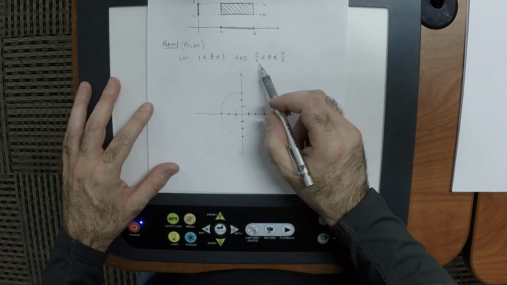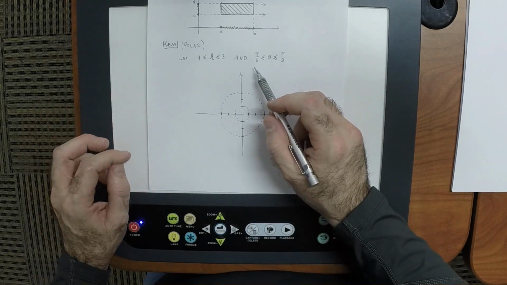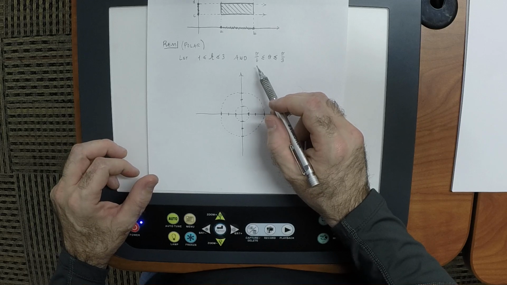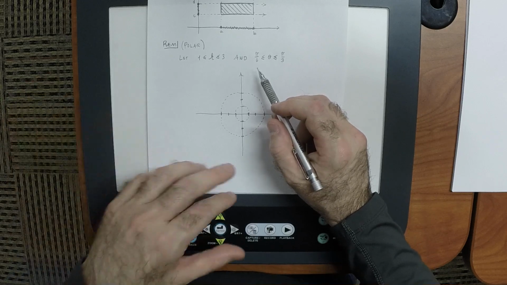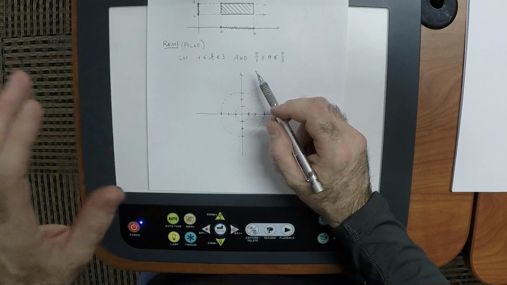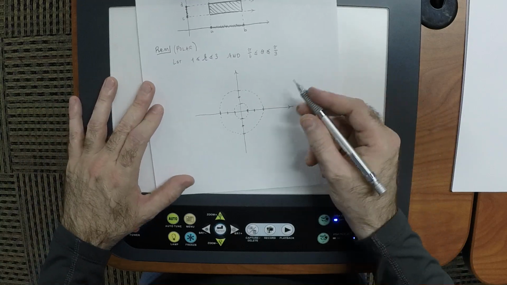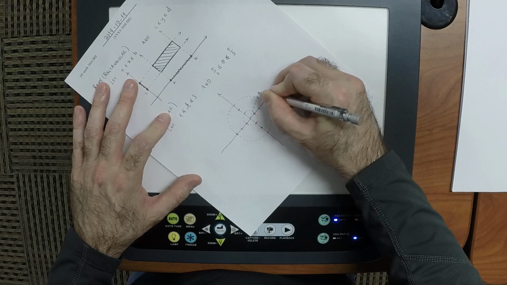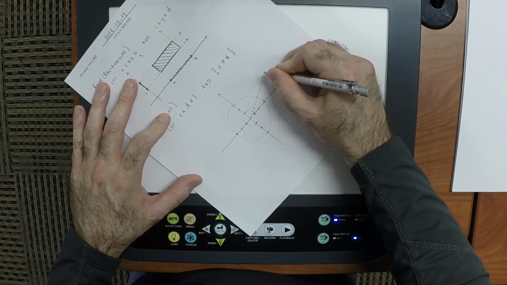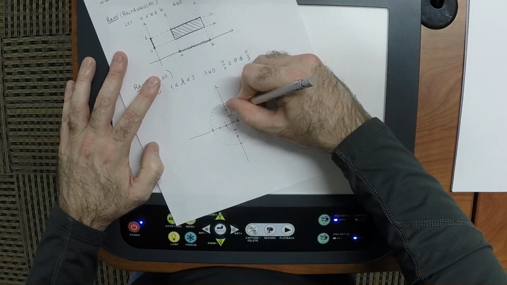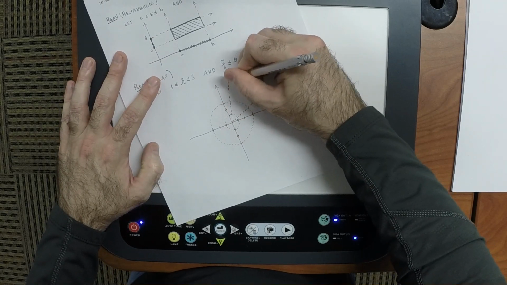Now, what does a constant angle look like? Well, that'd be a line proceeding from the origin and away from the origin on that particular angle. So like pi over 6, that's about down here. And pi over 3, that's up here.